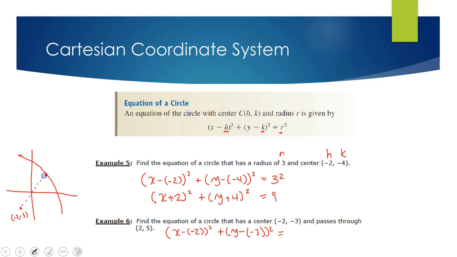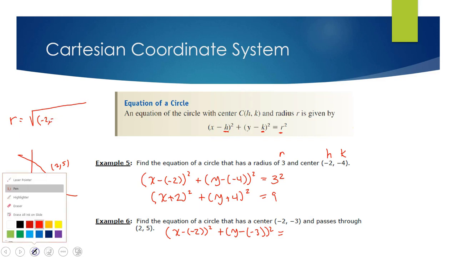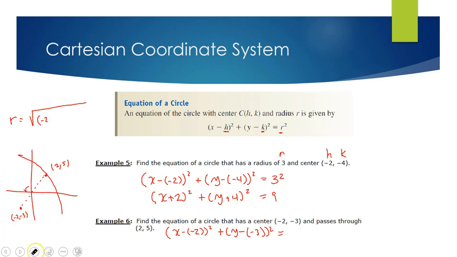Which means if I find the distance between these two points, that is the radius. So I'm going to say, okay, the radius of this circle is going to be the square root of negative 2 minus 2 squared plus negative 3 minus 5 squared equals, I'm going to have negative 4 squared, which is 16.